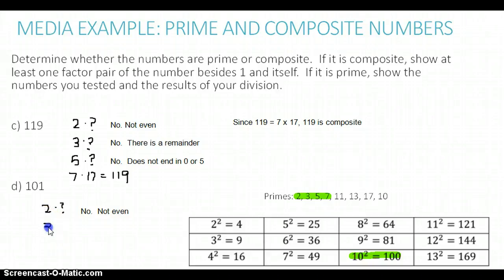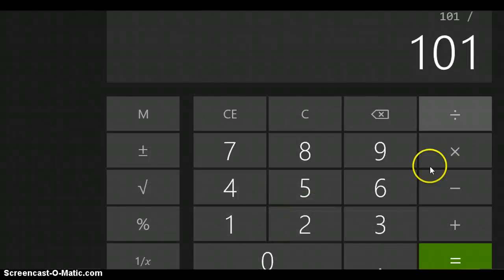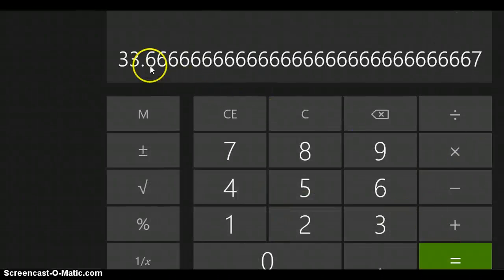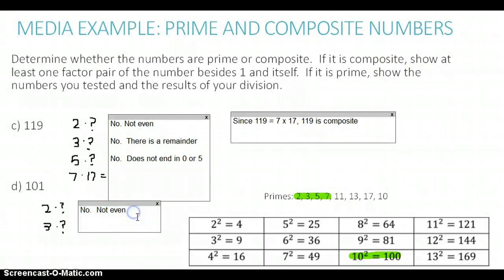Now we can check 3. 101 divided by 3. There's a decimal, which means there's a remainder. So we will write no. There is a remainder, so 3 is not a factor.